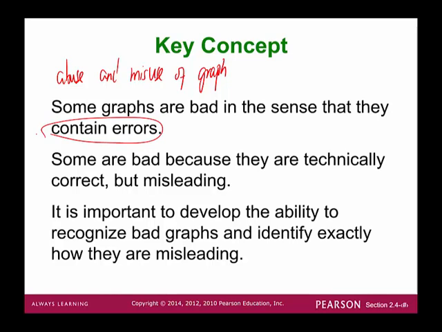Some are bad because they are technically correct but misleading, using some instrument to distort the data set, distort the graph to make it look misleading. It's important to develop the ability to recognize the bad graphs and how people try to mislead using a misleading graph.